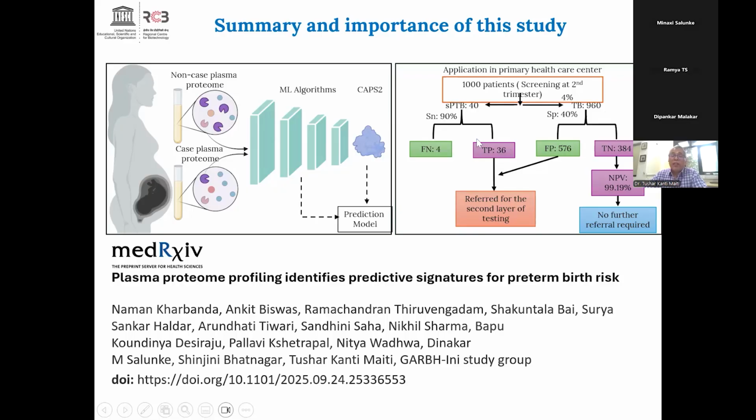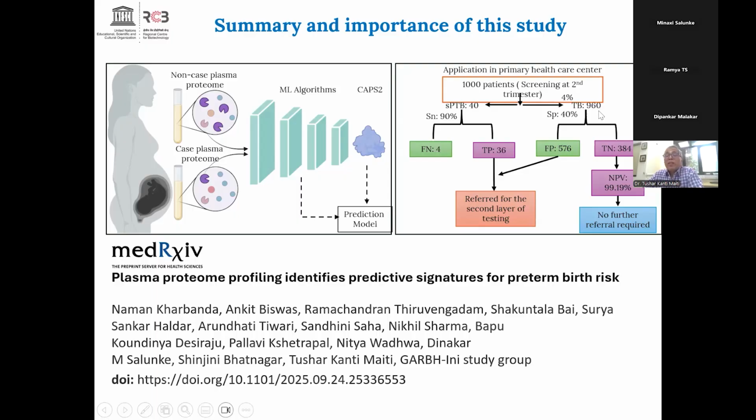So these 36 can be referred to other testing centers, or other clinical parameters can be checked and they will be monitored. And these false negatives, 4, can be incorporated in this particular study.